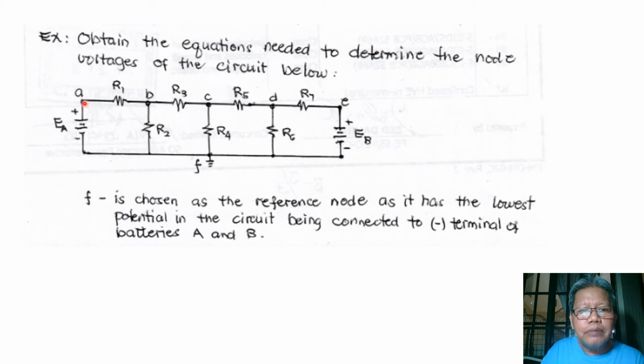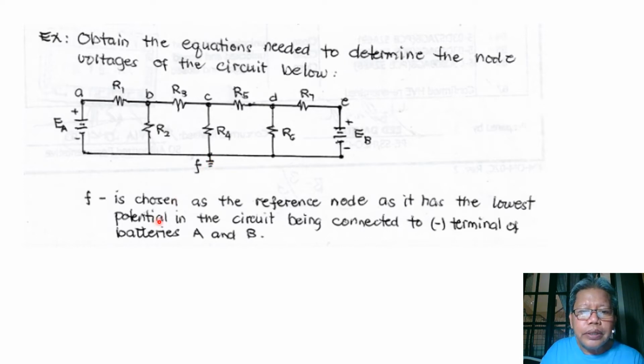So we have here A, then B here as the connection point of R1, R3, and R2. We have C and D, and then E and F. The battery A, R2, R4, R6, and battery B have common connections which we call F.